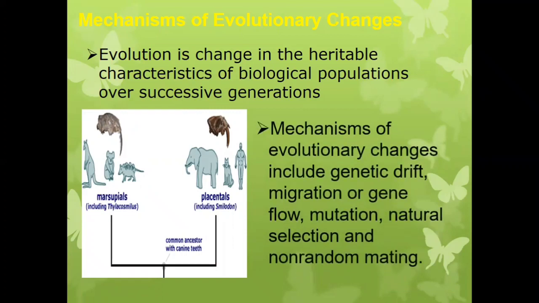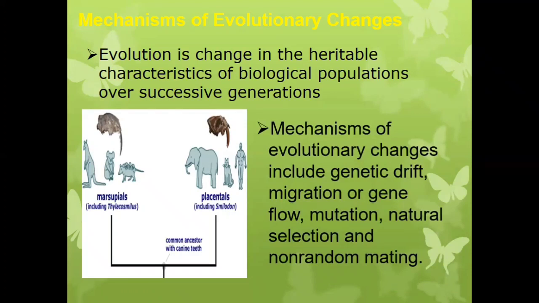Pag sinabi po nating mechanism of evolutionary changes, it includes genetic drift, migration or gene flow, mutation, natural selection, and non-random mating. So that's mechanism of evolutionary changes.